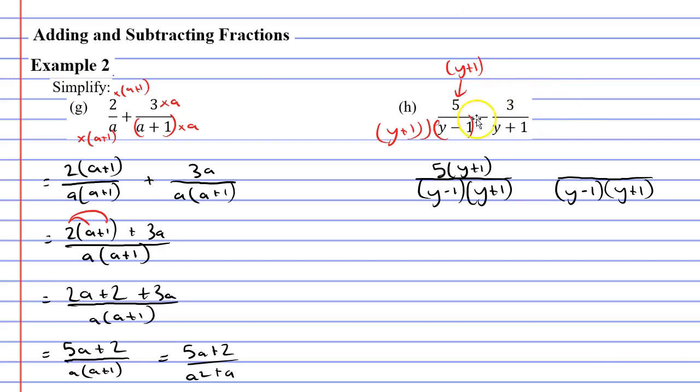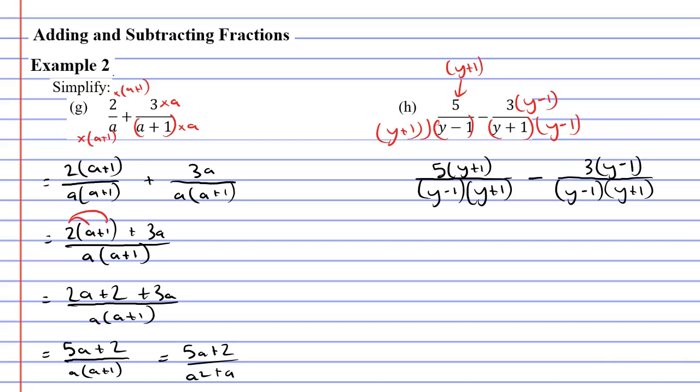Let's now look at our second fraction. In order for this fraction to have the denominator y minus 1, y plus 1, I need to have multiplied y plus 1 by y minus 1, which means that we also need to multiply 3 by y minus 1 as well. This gives us 3 bracket y minus 1.